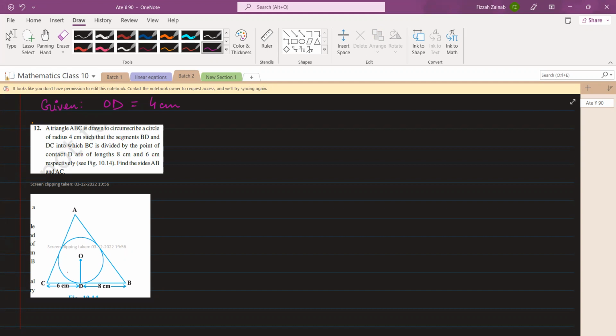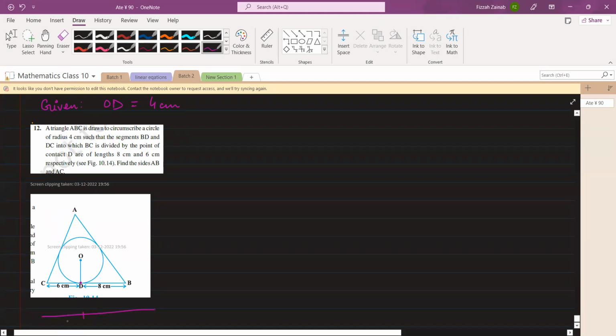So one part is CD and the other part is BD. This is 6 and this is 8. Find the sides AB and AC.